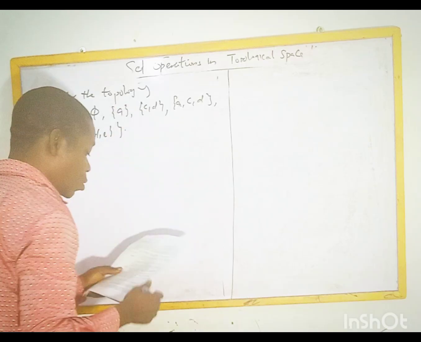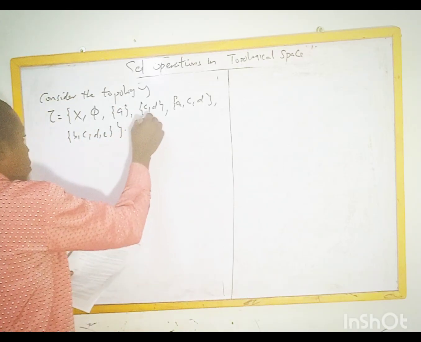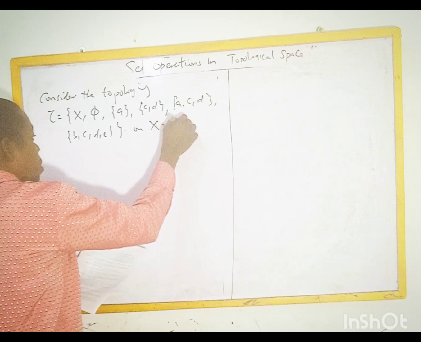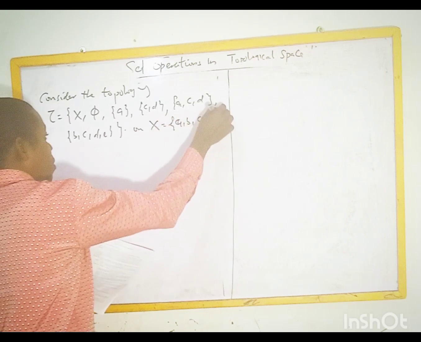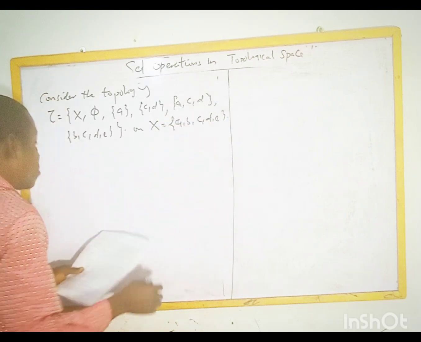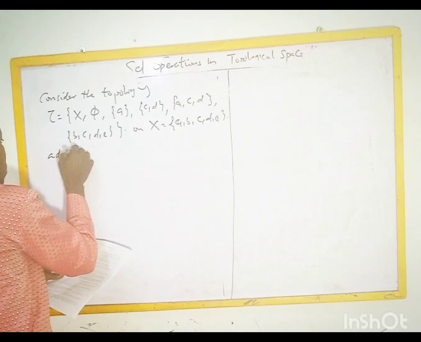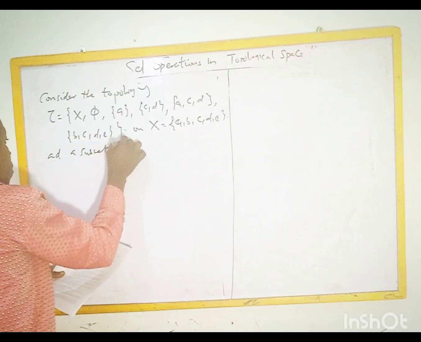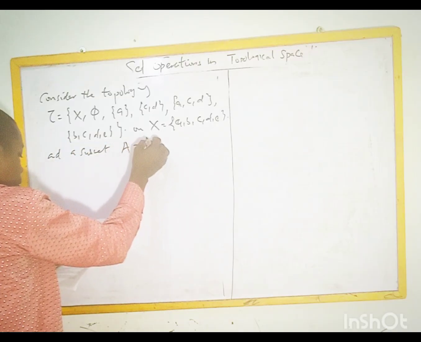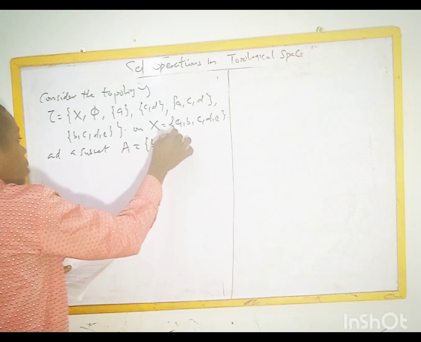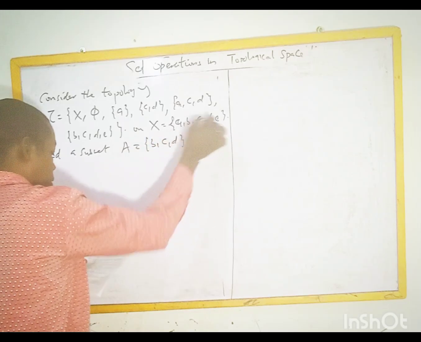We are defining this topology on X, where X is {A, B, C, D, E}. And we take a subset A, given as {B, C, D}, of X.